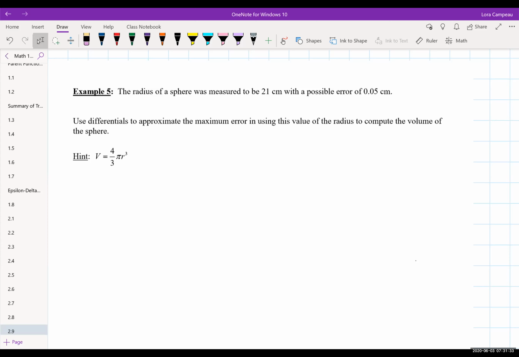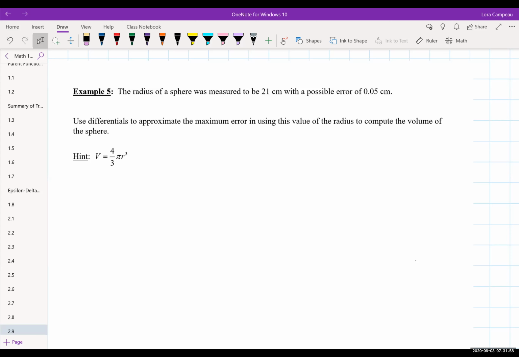We're going to use these differentials to approximate maximum error. So that's a little more exciting. You know, why are we doing this in the first place? We use this value for the radius to compute the volume of the sphere. So if you change the value of the radius, what happens to the volume of the sphere? Are we really far off? Are we pretty close? Let's see.